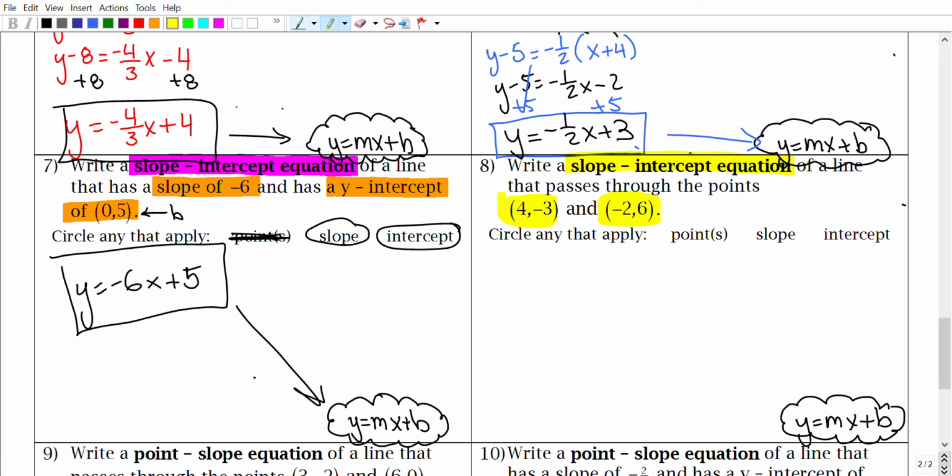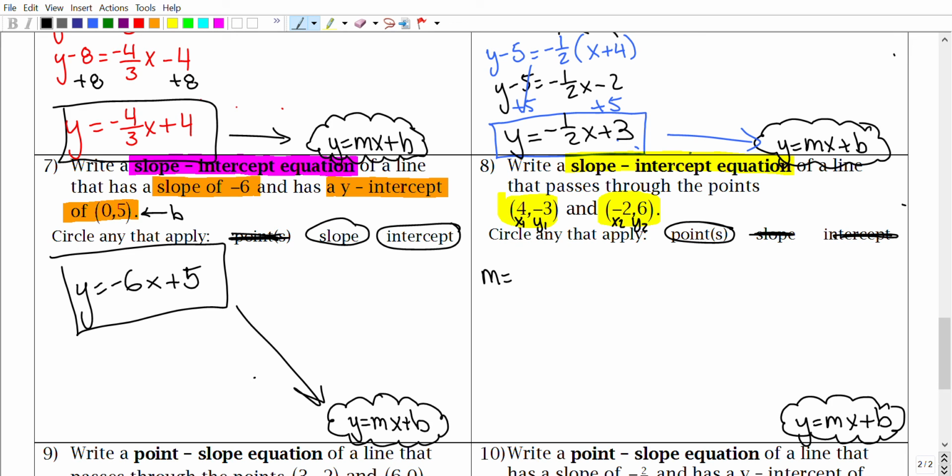So what information was I given? Well, these are definitely points. It did not give me a slope, and it did not give me a y-intercept. But I can calculate slope using those. So let's go ahead and calculate slope: x1, y1, x2, y2.